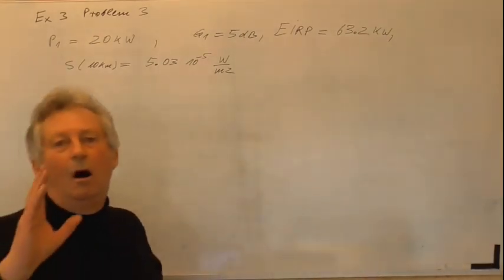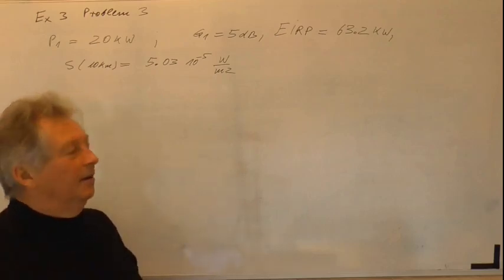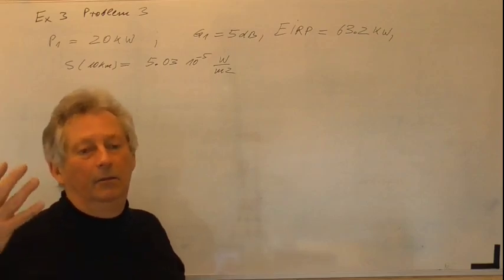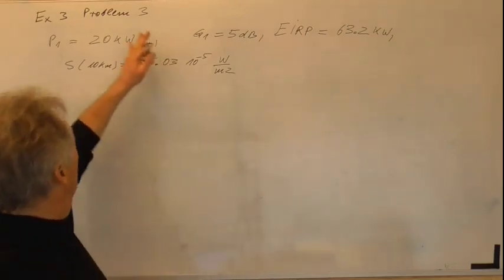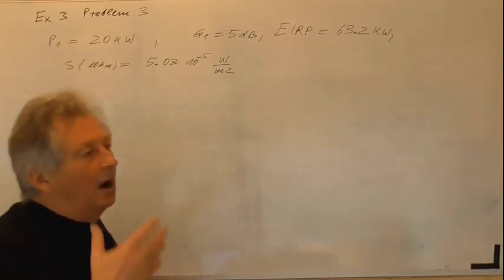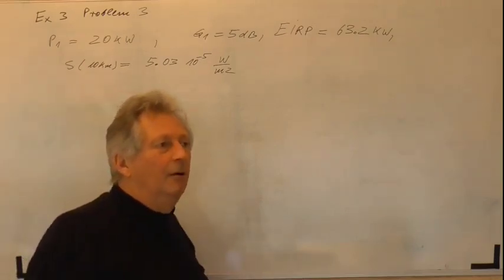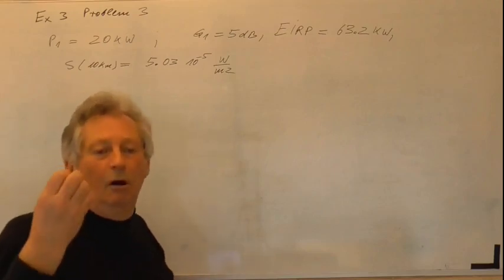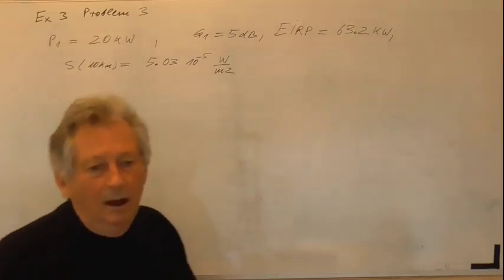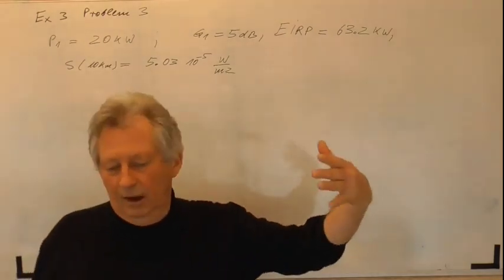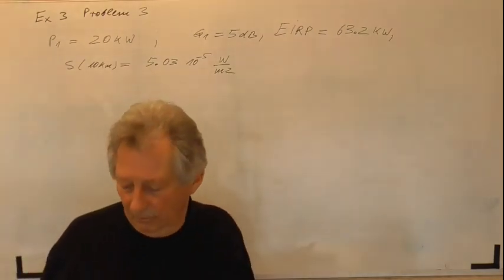If you are very far away from the antenna, you can always assume that the radiated power forms a plane wave. This is called the far field of the antenna. In the far field, the field of the antenna always behaves as a plane wave.